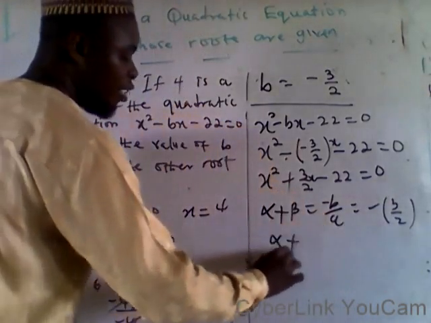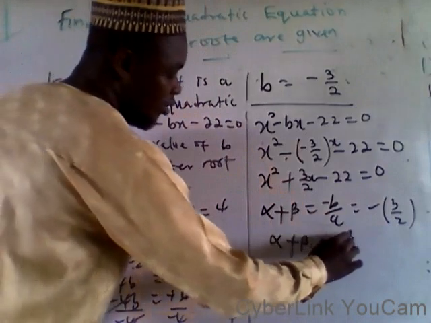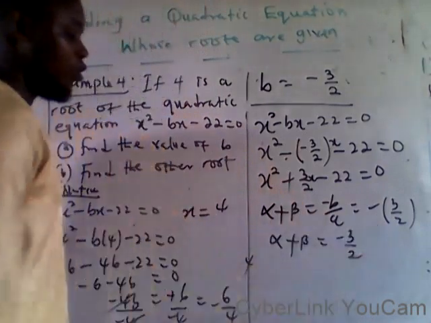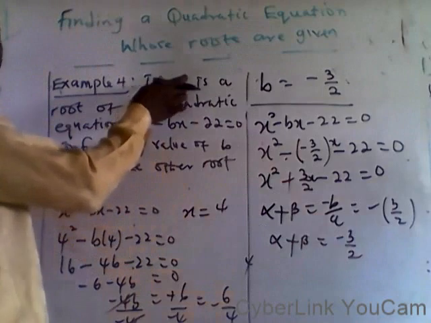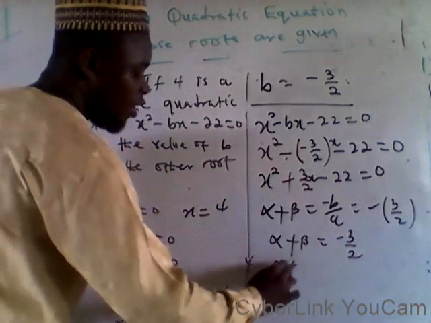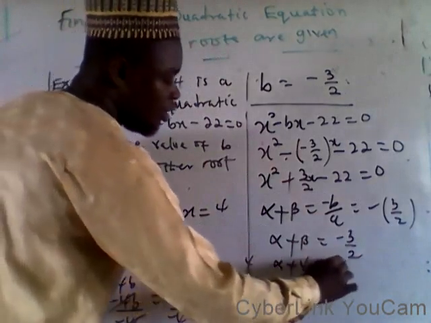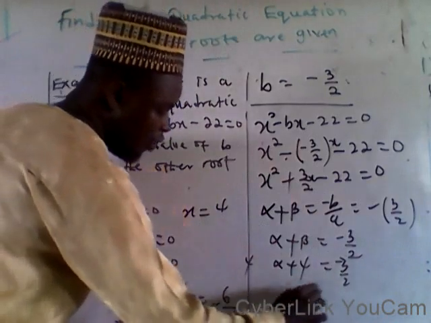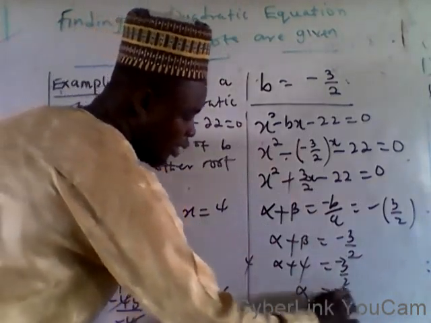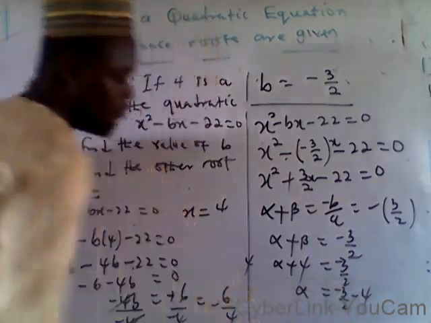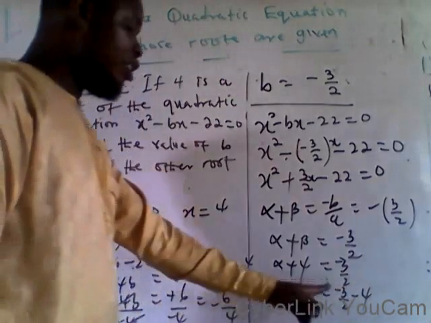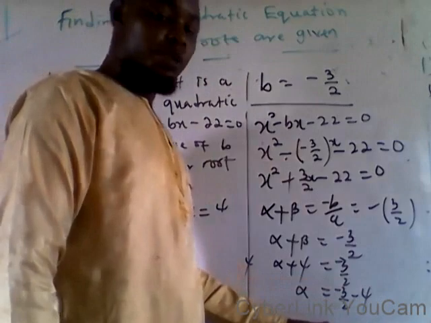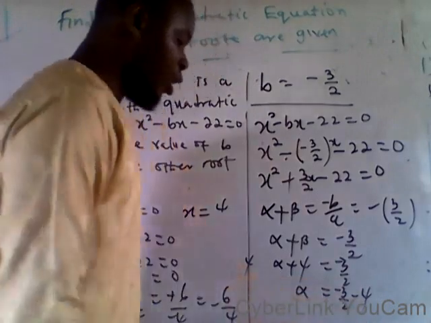So we have alpha plus beta to be minus 3 over 2. One of the roots is 4, meaning that alpha plus 4 equals minus 3 over 2. Right? What is now alpha? Alpha is minus 3 over 2 minus 4.